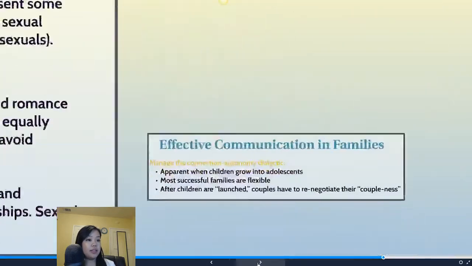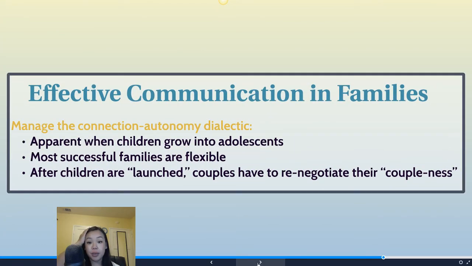All right. Now let's look at effective communication in families. How do we get to understanding effective communication? What we just did was identify different communication patterns. It's very important that you recognize the type of communication pattern your family has. None of those patterns are particularly desirable or undesirable.